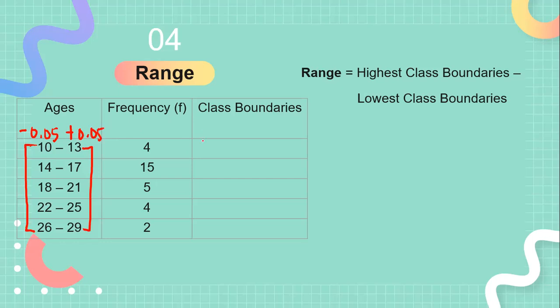Okay? Now, 10 minus 0.5 is 9.05 to 13.5. Okay? Then here 13.05 to 17.5.